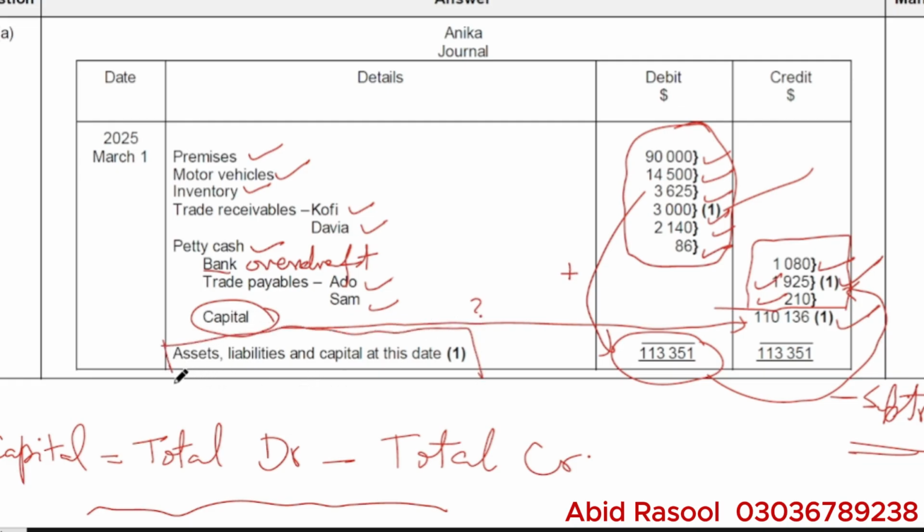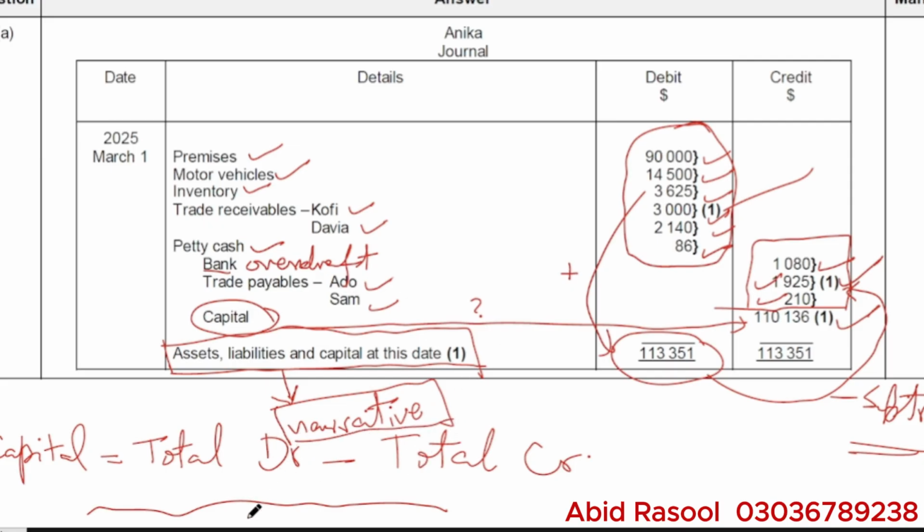They also ask you to write a narrative: assets, liabilities and capital on this date. This narration tells us what we have done in the journal entry. It is a short summary of our journal entry. This is called a narrative. Remember, sometimes they ask you to write narratives, sometimes narratives are not required.